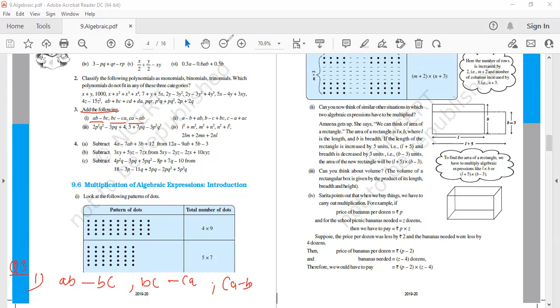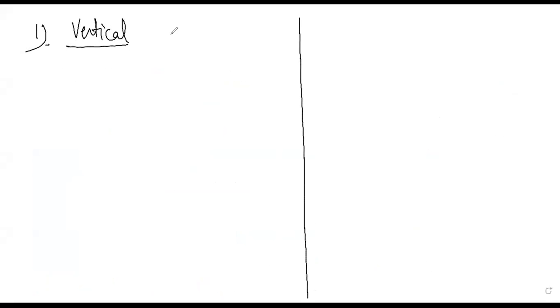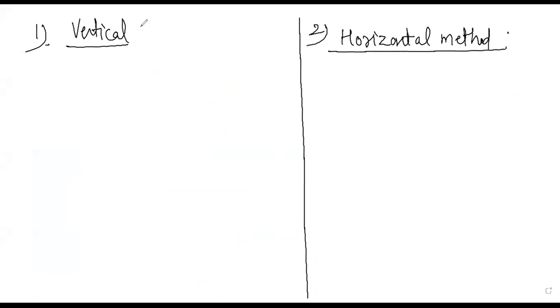Let me use the white screen because it is quite difficult to solve here. Both are easy. Don't worry about the methods. If the method's name is mentioned in the examination, then go ahead with that particular method. Otherwise, you can use any method.